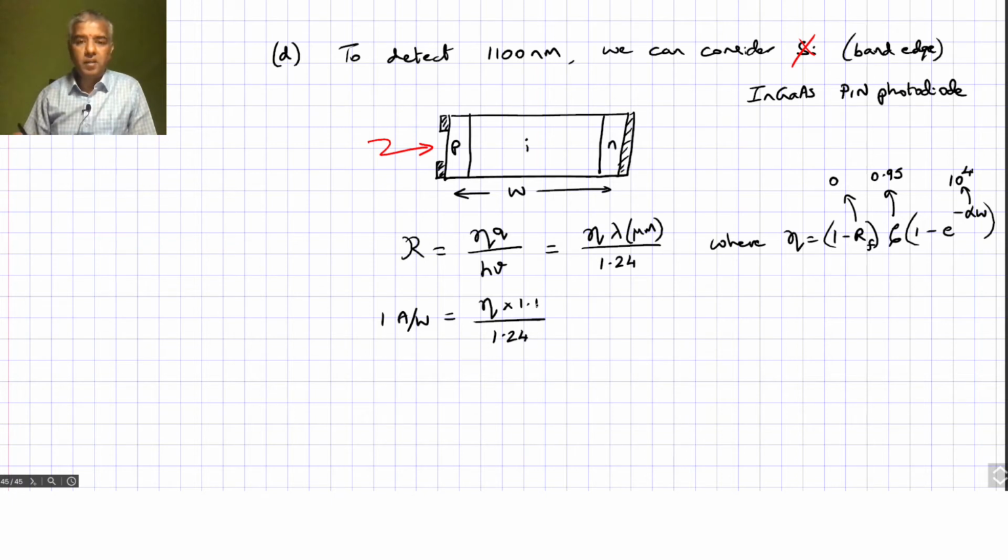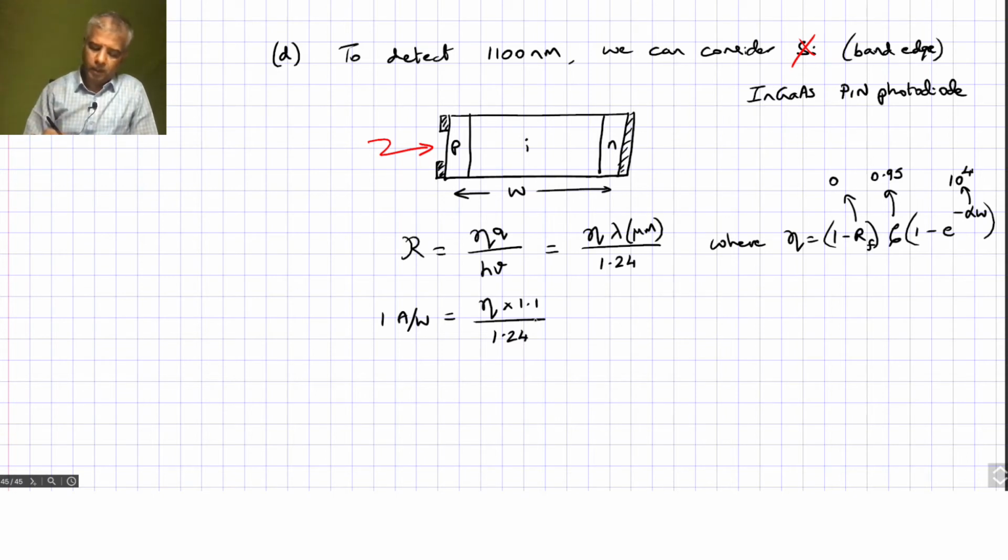Now, can eta be greater than 1? Cannot be, because this is actually a fraction, zeta is a fraction, and this is also a fraction which has a maximum value of 1. So eta has to be a number that's less than 1, okay, which obviously is not satisfied over here.